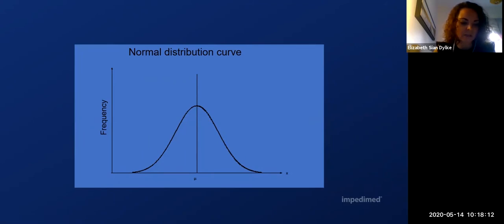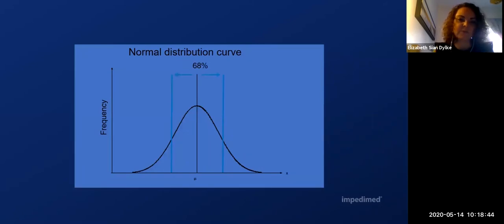And whether it's height, shoe size, or limb impedance, we look to see that the majority of the results are collecting in the center. And that means that we have less and less people having measurements further away from the mean. So most people will be a certain height, with less people being taller than that height and less people being shorter than that height. So 68% of scores will fall within 1 standard deviation of the mean or average.